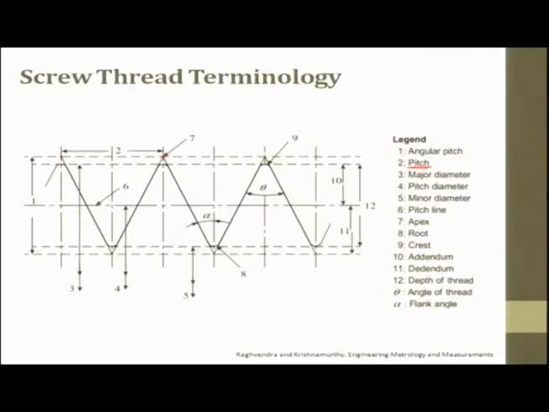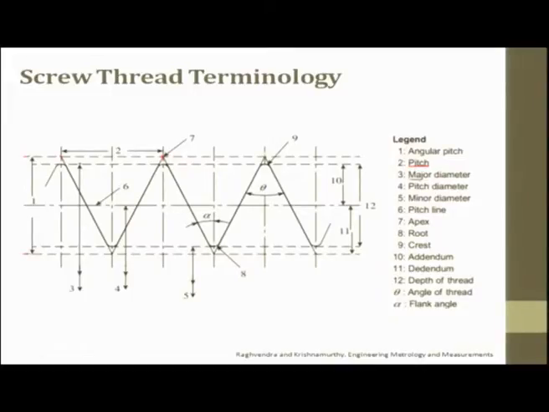Pitch can change depending upon your requirements. You can have a smaller pitch or a larger pitch. If the pitch is large, then the number of threads is going to be less. The pitch decision is taken based upon the loads which come into effect and also the diameter. So, this is pitch.